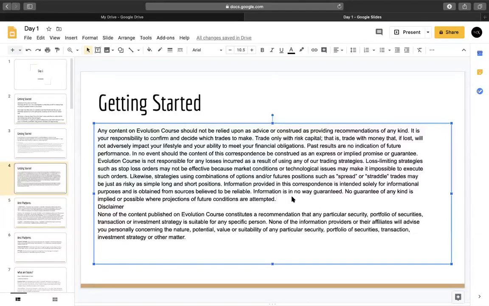Information is in no way guaranteed. No guarantee of any kind is implied or possible where projections of future conditions are attempted. None of the content published on Evolution Course constitutes a recommendation that any particular security, portfolio of securities, transaction, or investment strategy is suitable for any specific person. None of the information providers or their affiliates will advise you personally concerning the nature, potential value, or suitability of any particular security, portfolio of securities, transaction, investment strategy, or other matter.